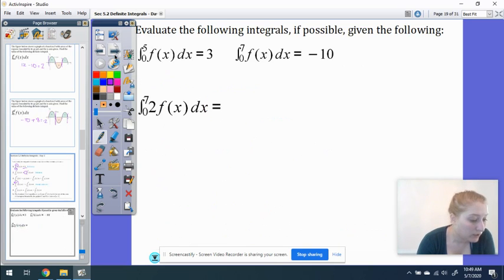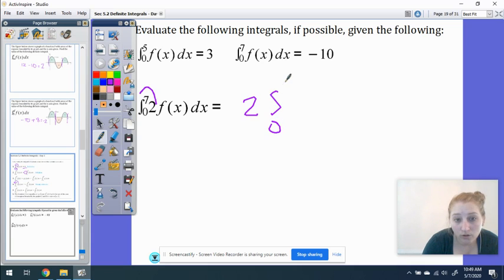Okay, so let's go ahead and knock this out. So in this case, we have these two sets up here is given, and we're going to try to evaluate this. All right, so the first thing that I'm noticing is number 1, I'm going to take my 2 out. So I'm going to say 2 is on the outside, 0 to 7, f of x dx.